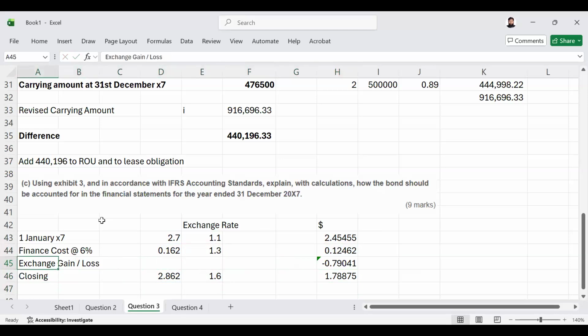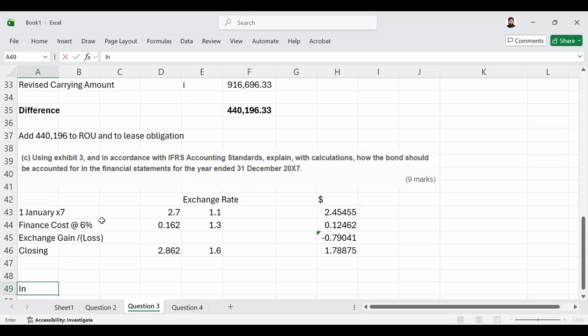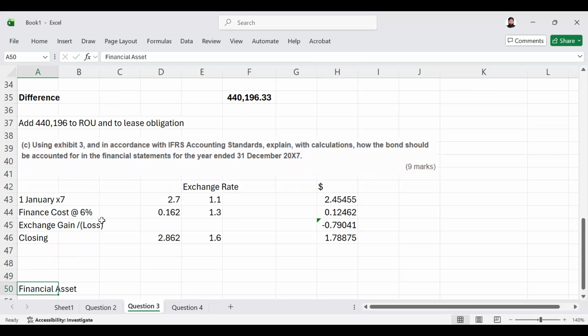So there is actually a loss on this bond. So technically what you have to do is, the financial asset is credited and P&L is debited.